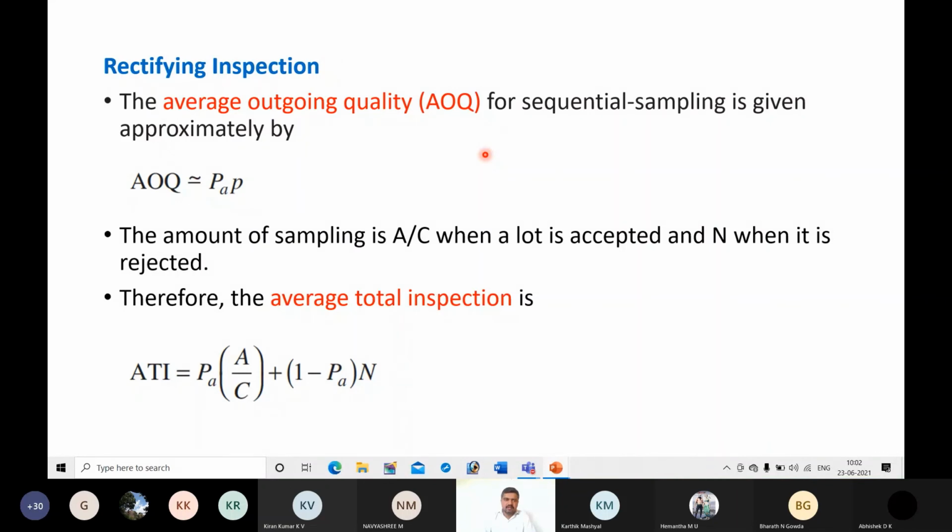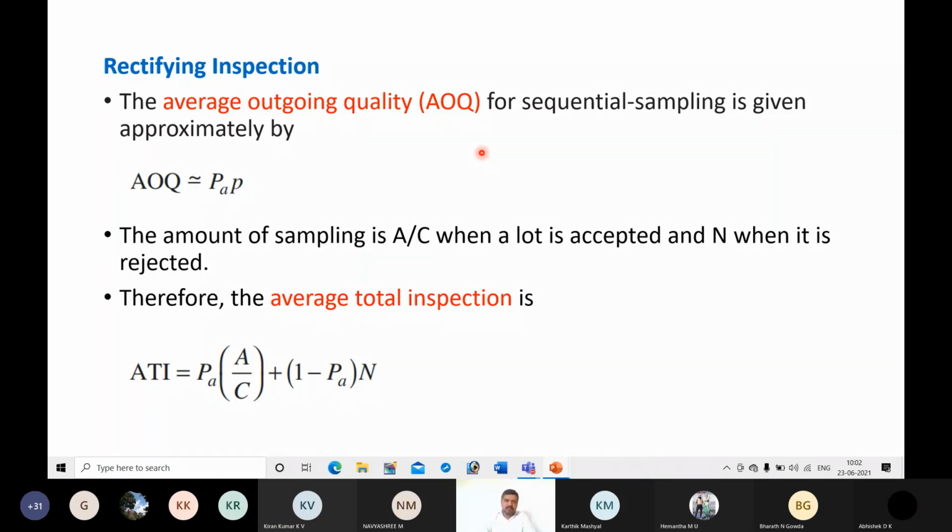That is called rectifying inspection. This is applicable only for rejected lots. Because you are replacing the defectives in these rejected lots with good ones, the outgoing quality gets improved, because in these rejected lots there will be no defectives.